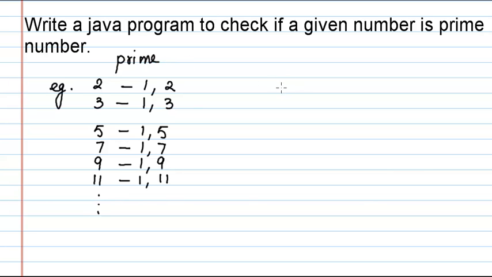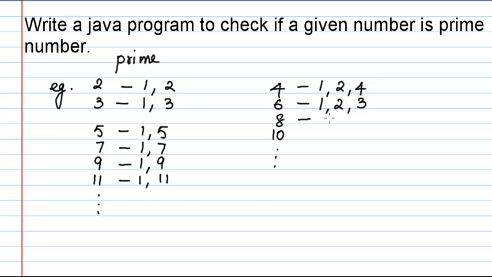Other natural numbers like 4, 6, 8, 10, etc. are not prime numbers because for the number 4, the divisors are 1, 2, 4, and for 6, the divisors are 1, 2 and 3.